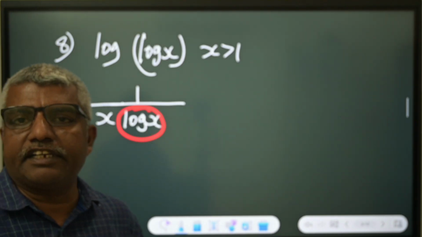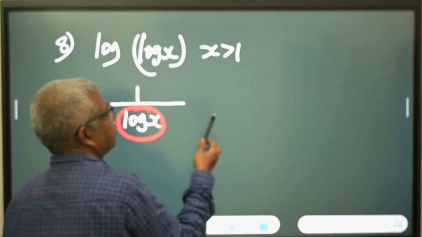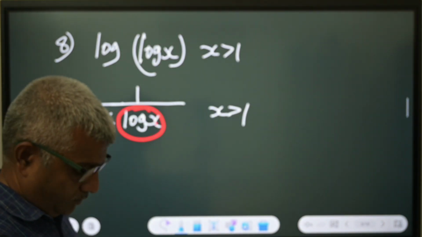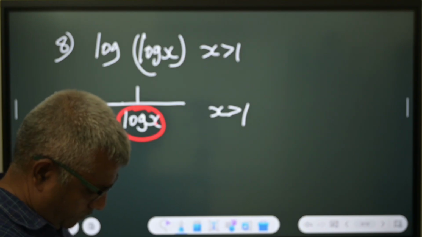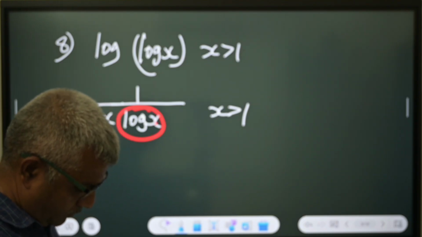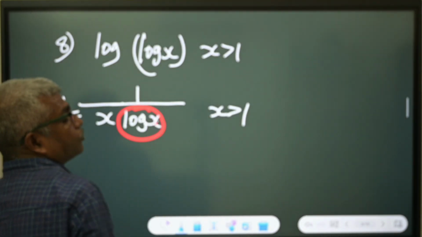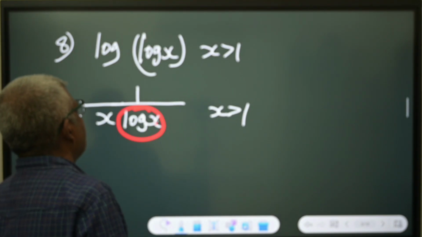Log should not be negative. After the log comes this value, x value should not be negative. So x should be greater than 1. Not should be log x, x should be more than 1.